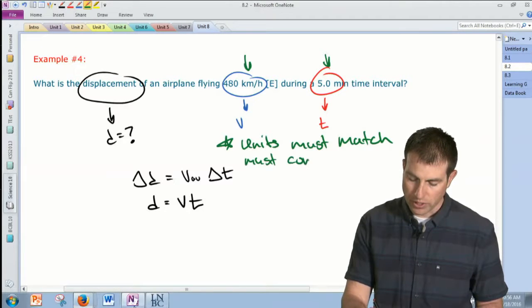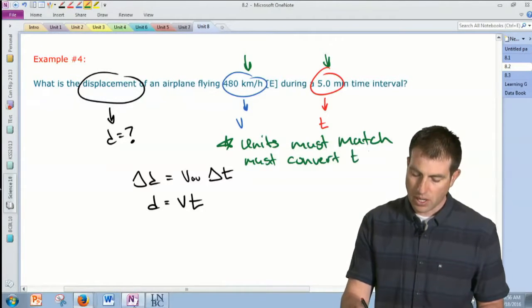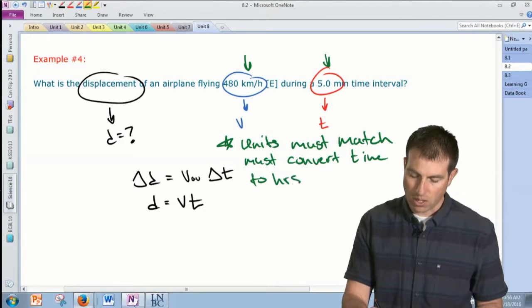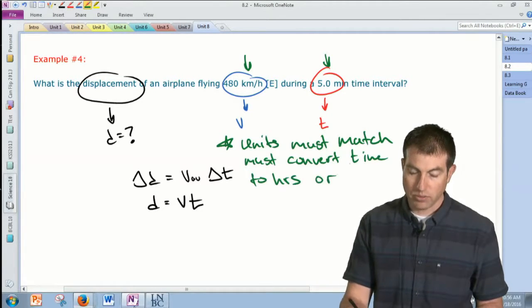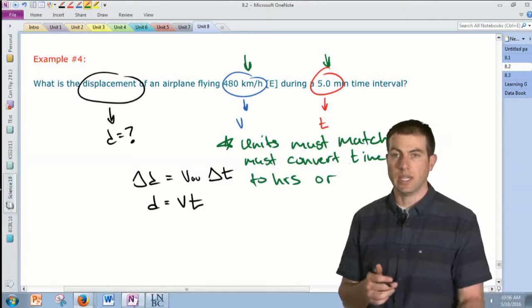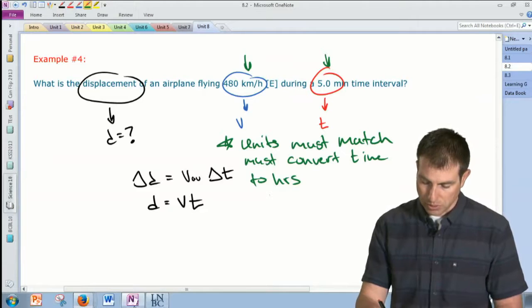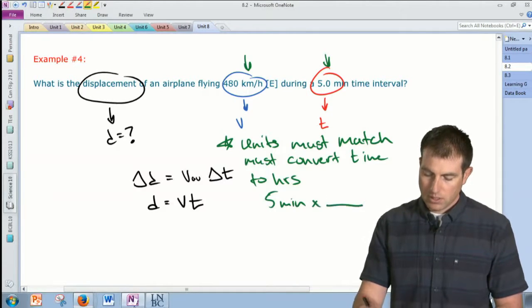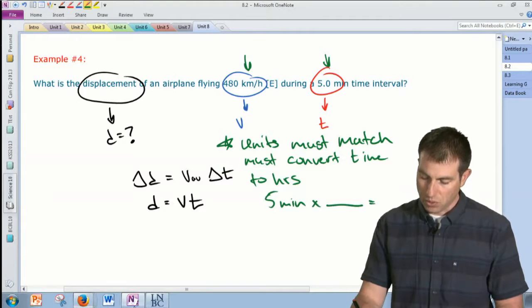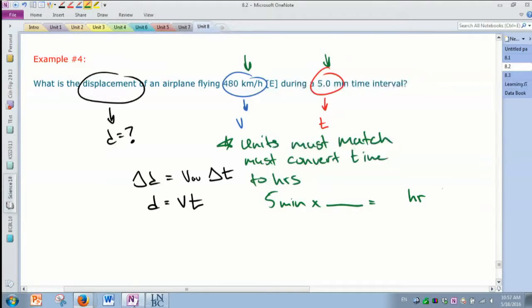So I'm going to convert time to hours, or I could convert everything to meters per second and seconds. It doesn't really matter which way you do it, but let's do this 5 minutes. And I want to end up with units of hours.